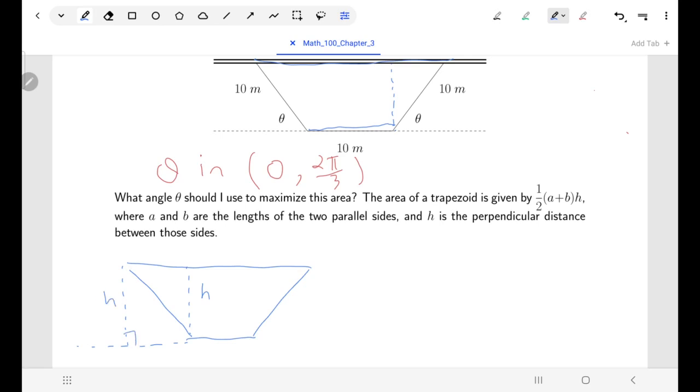And I'm doing that because that puts it squarely inside of a nice little right triangle, a right triangle with an angle theta. And we also know that this flap, that's our little 10-meter flap, that's our hypotenuse for that right triangle. We know that sine of theta is h over 10. So our height is 10 times sine theta.